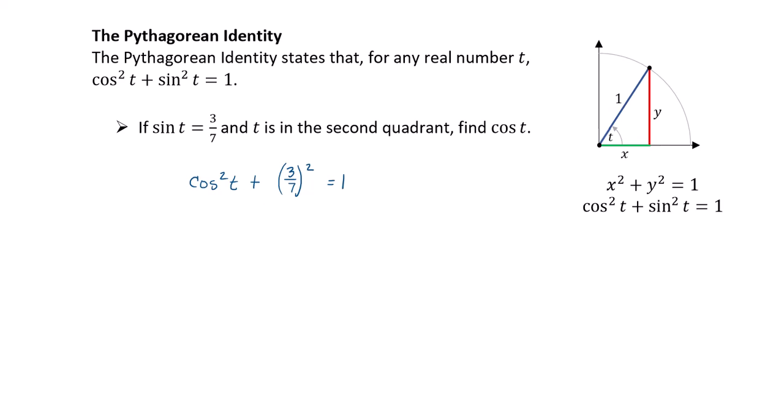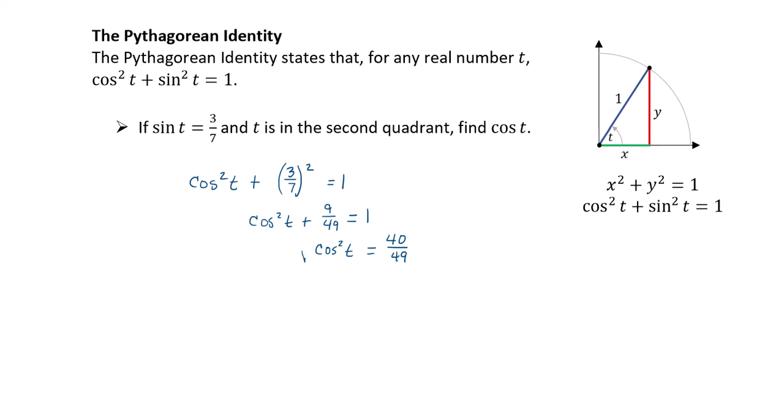Now I need to solve for cosine of t. So when I do my squaring, I get cosine squared of t plus 9/49 equals 1. Then I have cosine squared of t equals 40/49 after subtracting 9/49 from both sides.